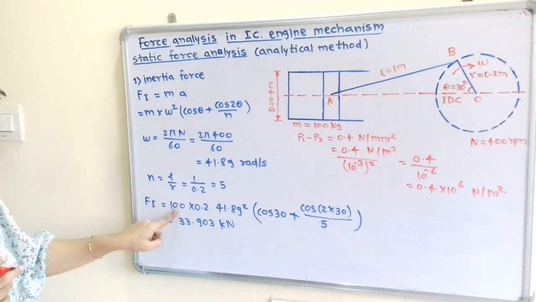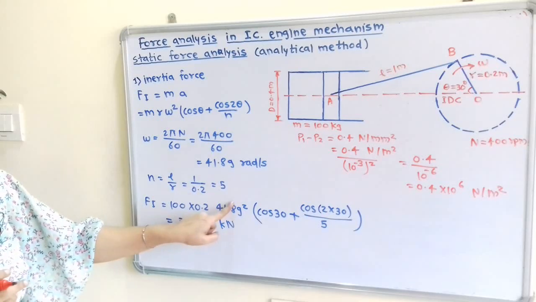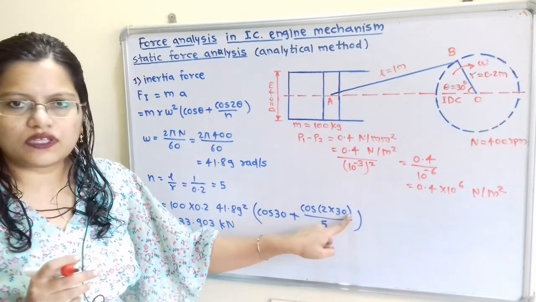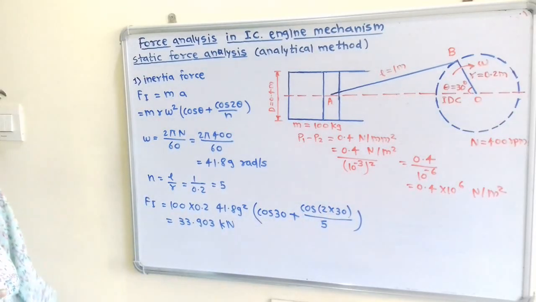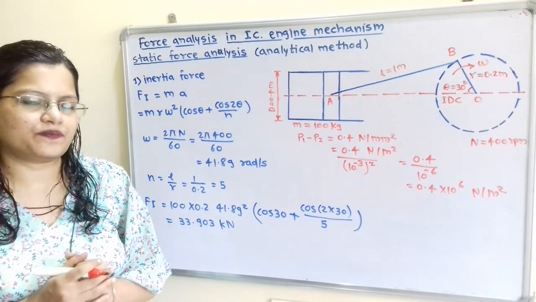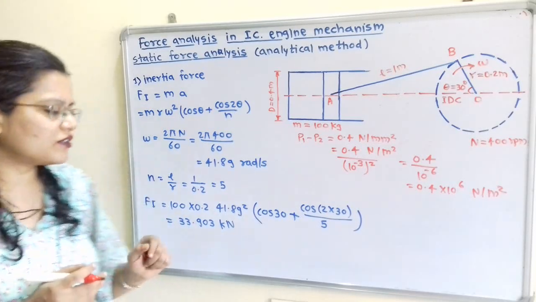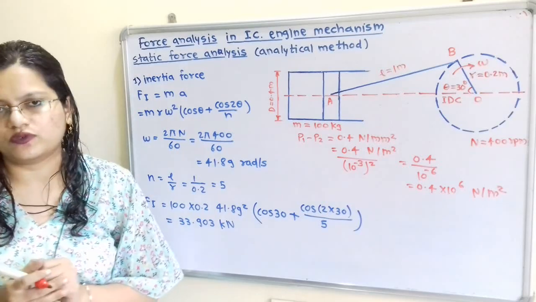So m is 100, R 0.2 multiplied by 41.89 square in the bracket cos 30 plus cos of 2 into 30. That means we have to take here cos of 60 divided by 5. So when we calculate this, then we will get the answer in Newton. So by multiplying with 10 raised to minus 3, we will convert it into kilonewton and it is 33.903 kilonewton.